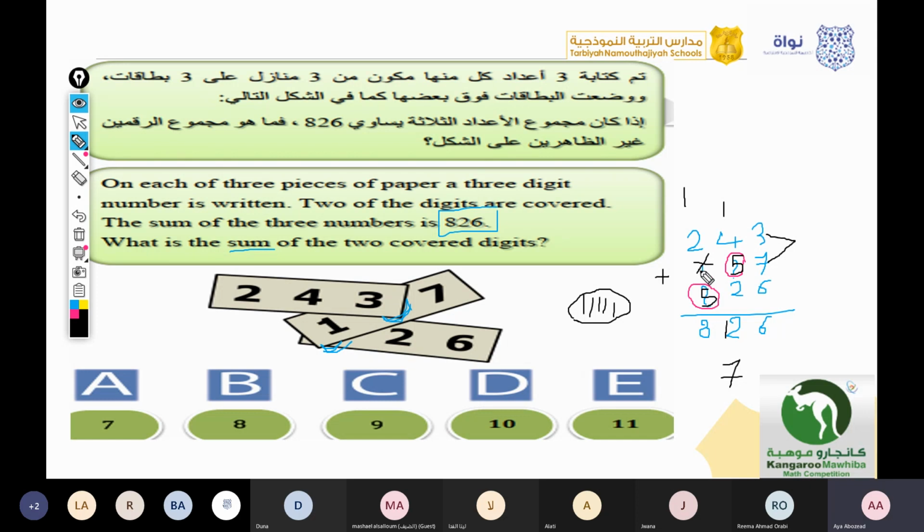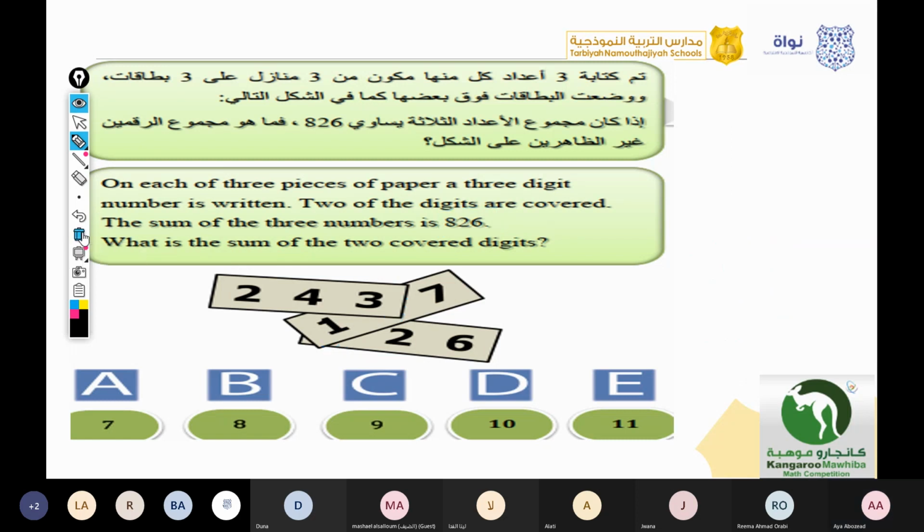But it's not 5, because there is 1 here. Okay, let's do it again. All of this is missing because of the handwriting. So let's do it again. 1, and here's 7. There is a missing number. 6 and 2, there is a missing number also.